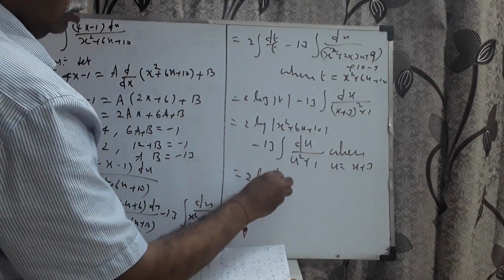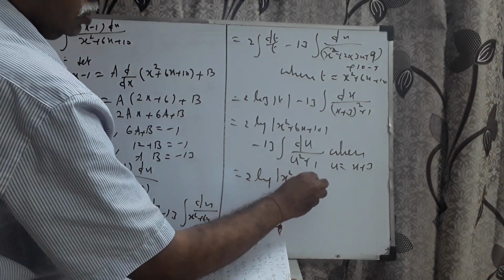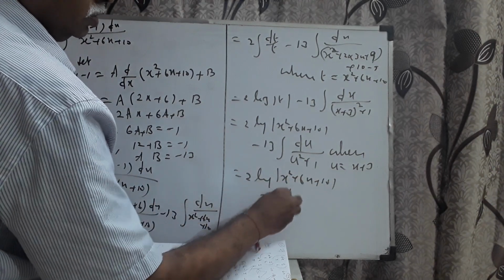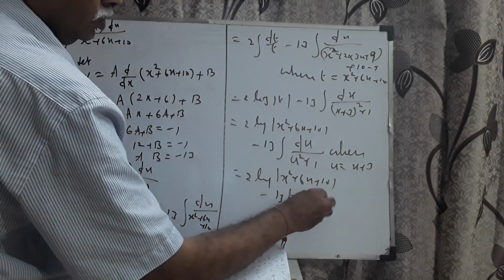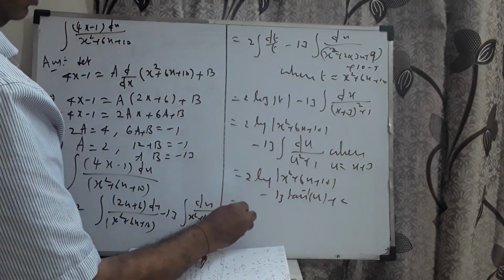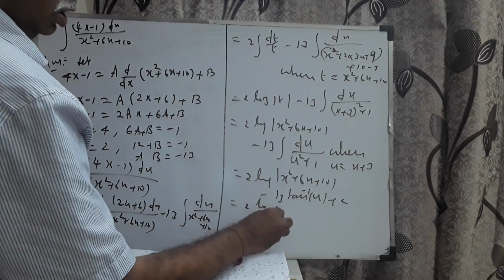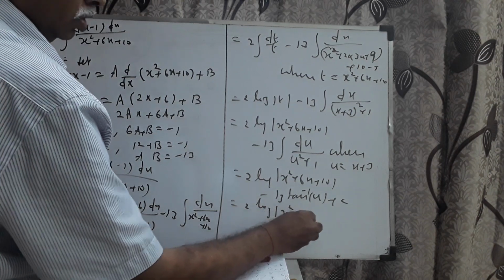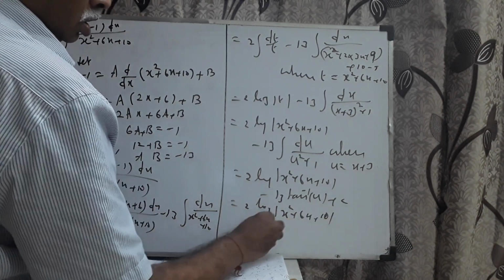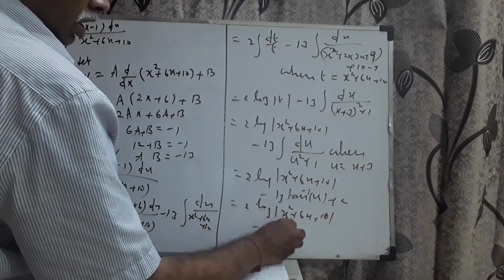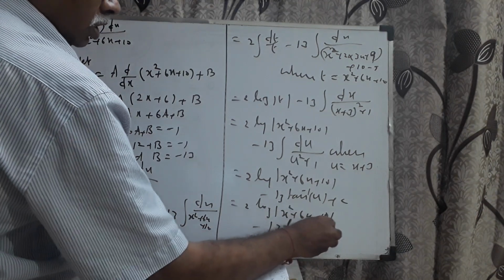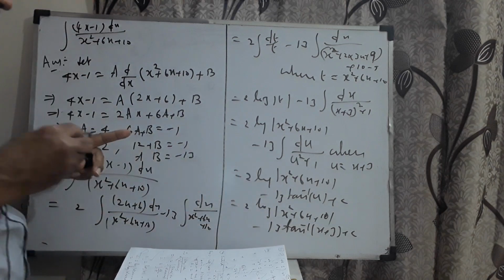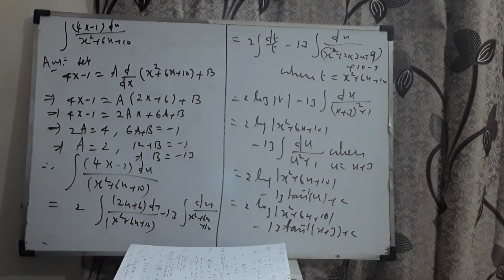Therefore, 2 log mod x square plus 6x plus 10 minus 13 into tan inverse u plus c. This reduces to 2 log x square plus 6x plus 10 minus 13 into tan inverse (x plus 3) plus c, which is the final answer.